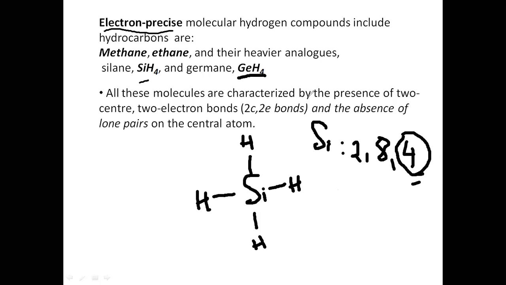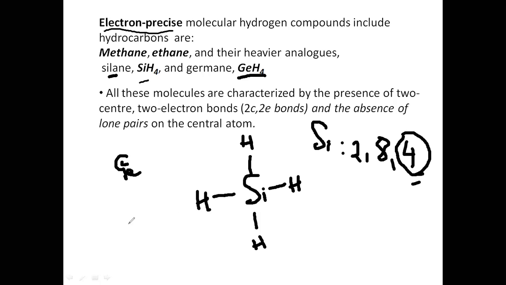Then this is germane. Germanium is the central atom. Germanium and silicon are members of the carbon family, and we know that all atoms of the same group must possess the same number of electrons in their last shell.